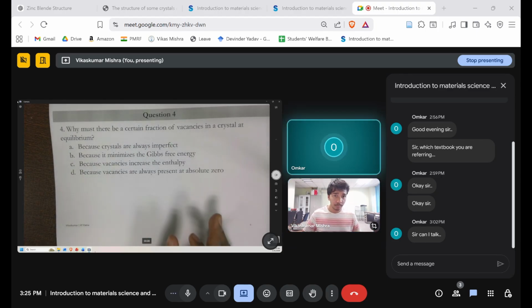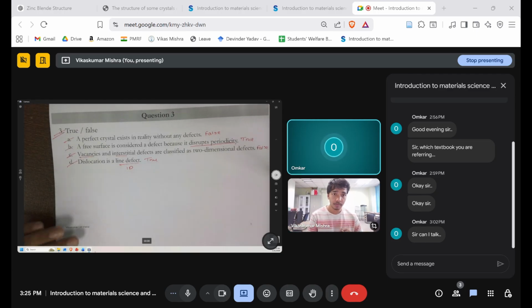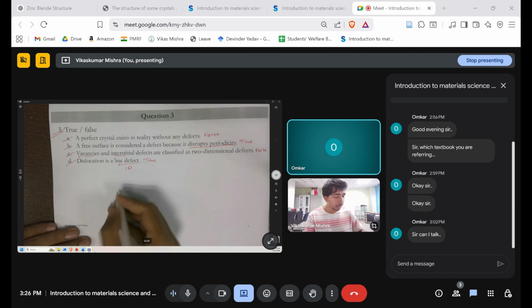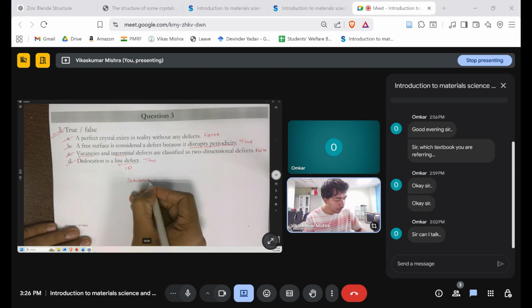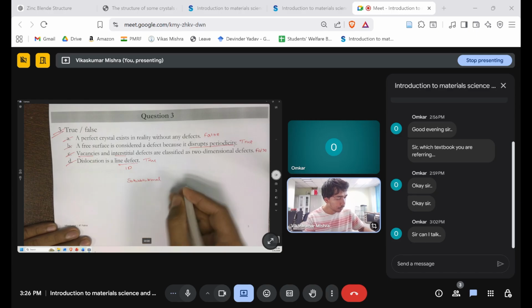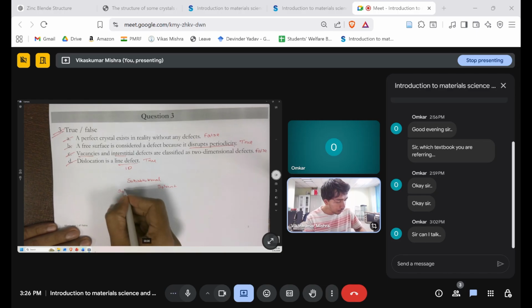Sir, one more thing: in substitutional impurity defects, if there is a crystal of one specific atom, another atom is coming and replacing that atom. If we are talking about substitutional, we have a solvent atom and a solute atom.